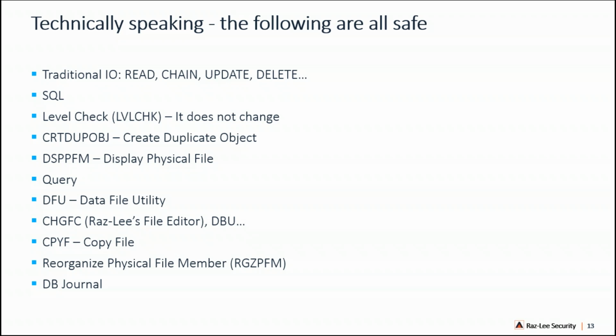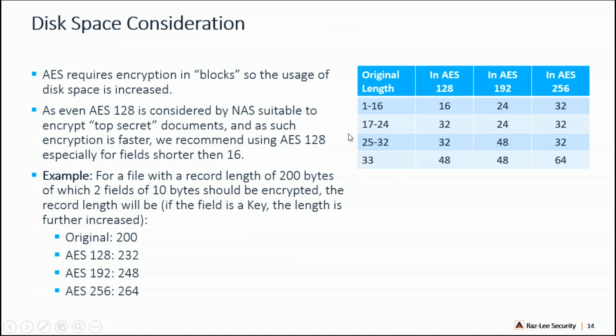You encrypt the field, and you don't have to recompile or do anything to your program. You just continue using it, and some people will see the data, others will not. Now let's speak about some disk space consideration as well as some performance consideration.